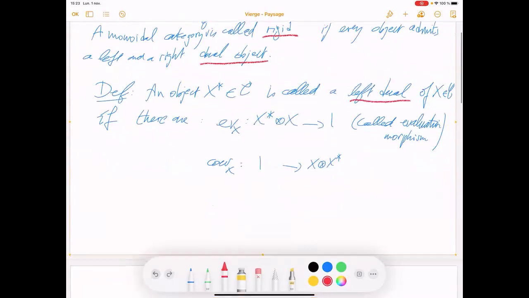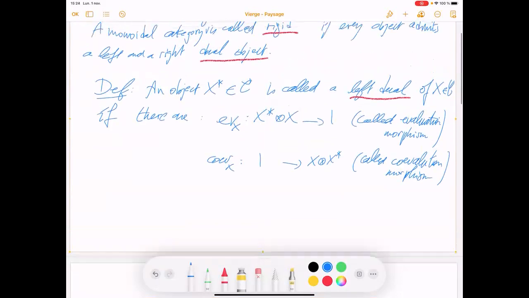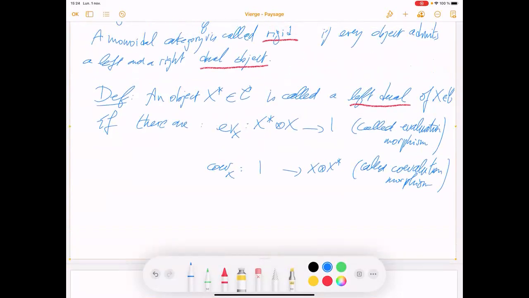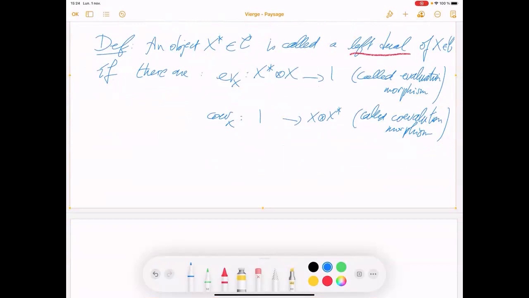Okay, so called evaluation and co-evaluation morphism, such that the following compositions are identities.